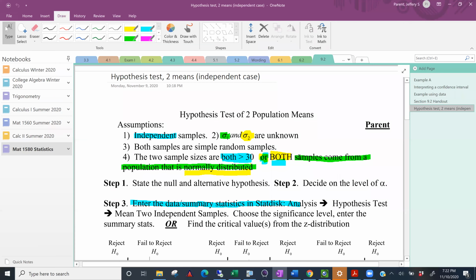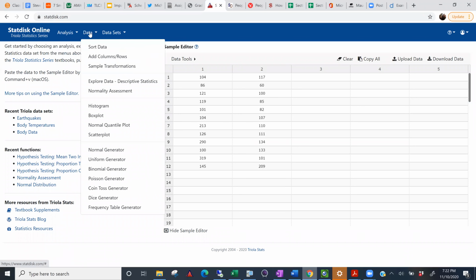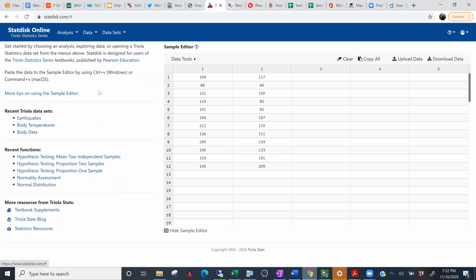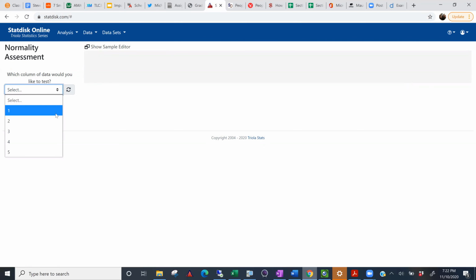So the next thing we need to test is, do the samples come from a population that is normally distributed? Well, okay, we can test that. As a reminder, you can test that by clicking the data menu, then Normality Assessment. Which column of data would you like to test? Oh, well, let's test column 1.